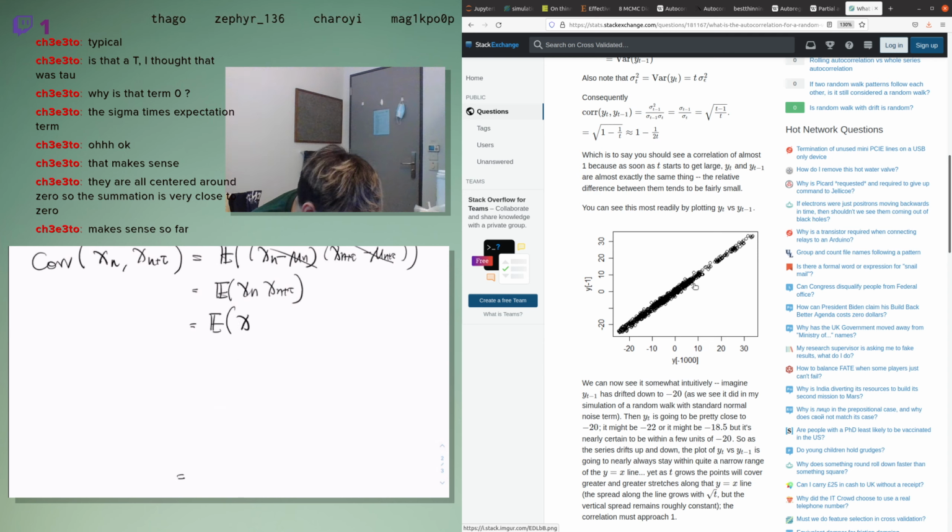So xn. So this will be saying this is the sum of ei, i equals 1 to n, sigma. And then this is saying that it is ej, tau to n plus tau. Yes.